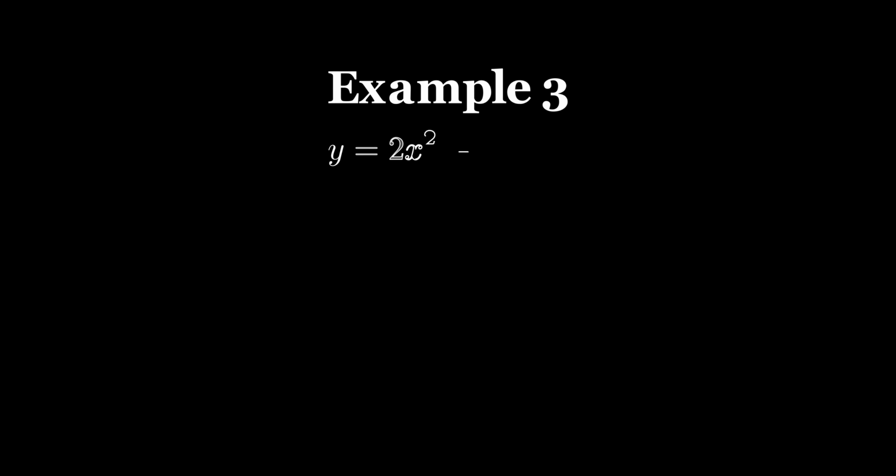Now we return to the example you saw at the very beginning. y equals 2x squared plus 8x plus 5. This is where vertex form becomes especially powerful. Because the coefficient in front of x squared is 2, we must factor it out first. We rewrite the function as y equals 2 times the quantity x squared plus 4x plus 5.